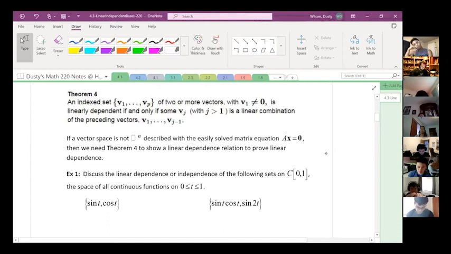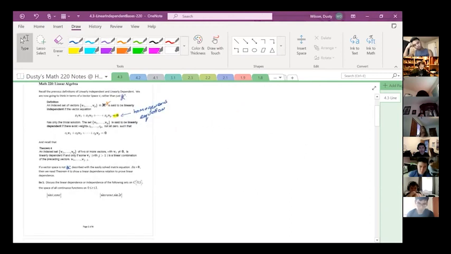So if a vector space is not Rn, described with the easily solved matrix equation Ax equals 0, then we're going to need theorem 4 to show a linear dependence relation to prove linear dependence. Let me see if I can phrase this statement differently. Okay, so if you want to show linear dependence, then you might say to yourself, oh, I know what to do.